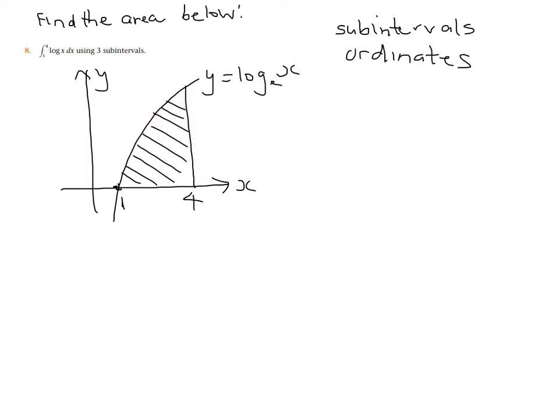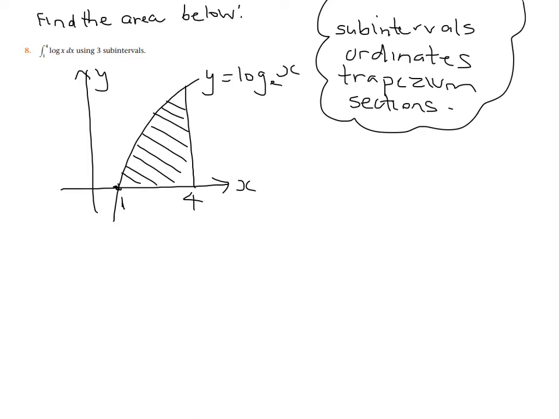Subintervals means, like here, we've got 1 subinterval, 1 section. They can also use the terminology 3 trapezia, which is the same as subintervals or sections. So we have to get used to the different terminology.